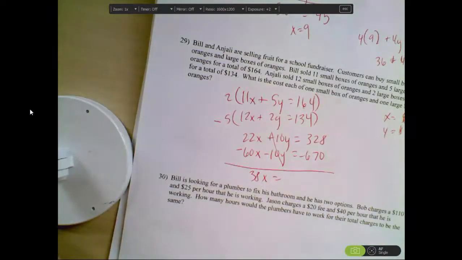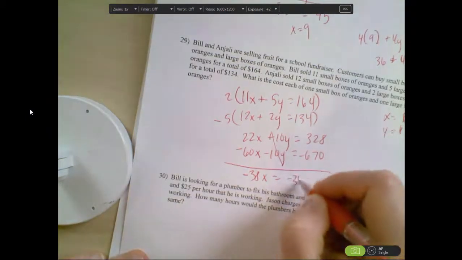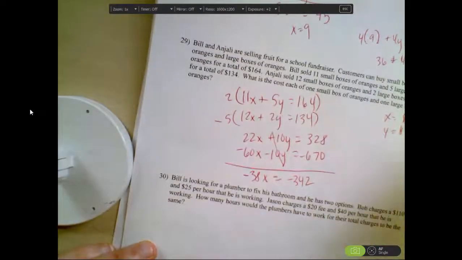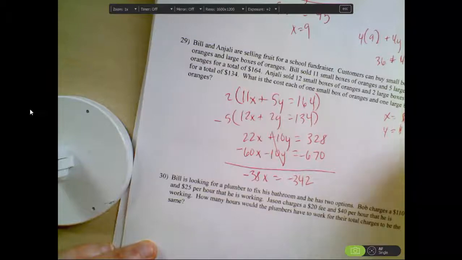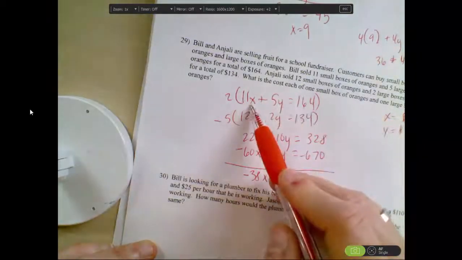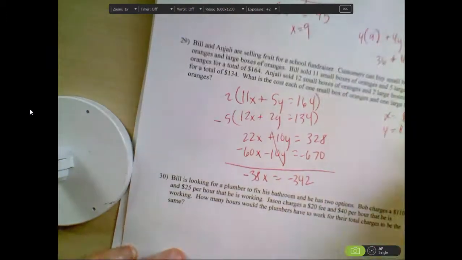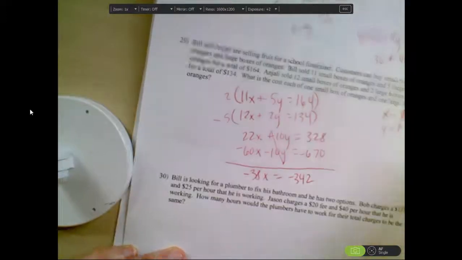And, oh, this is negative because 22 minus 60 is negative. 328 minus 670 is negative 342. Divided by negative 38 gives me $9 for small. Plug it back in, 9 times 11 is 99, 164 minus 99, divided by 5. $13 for a large.